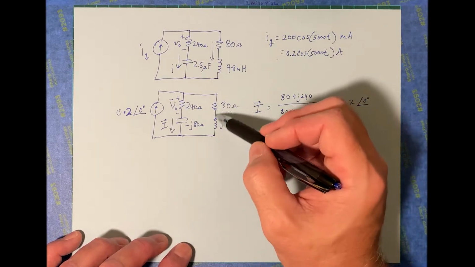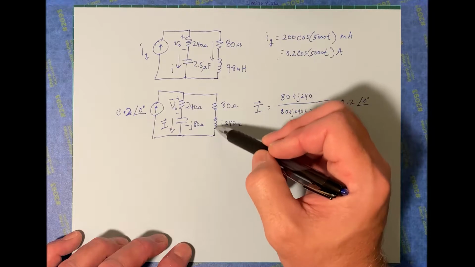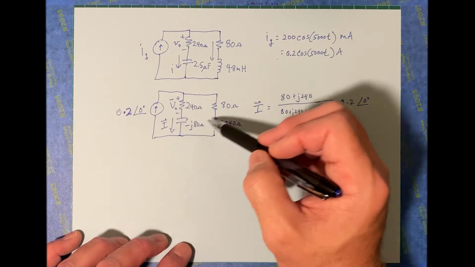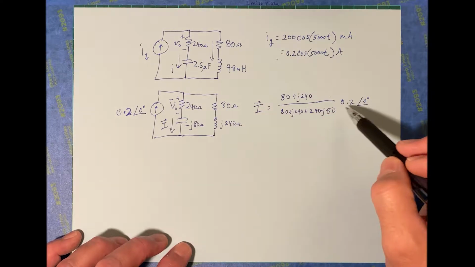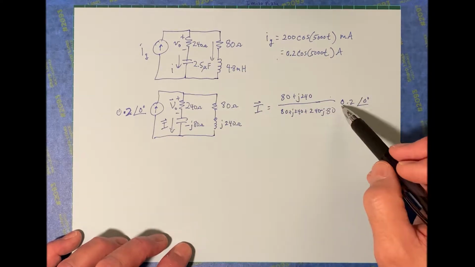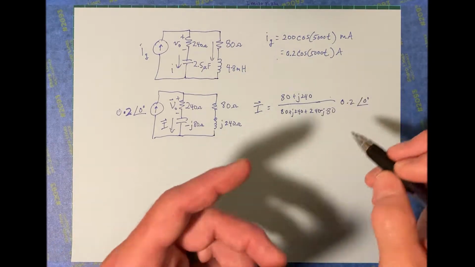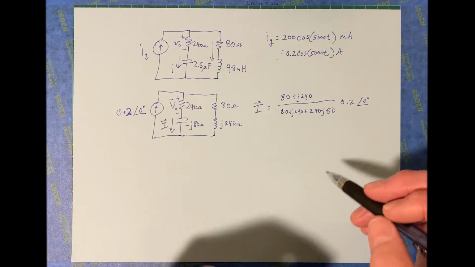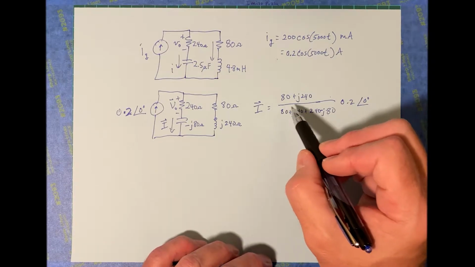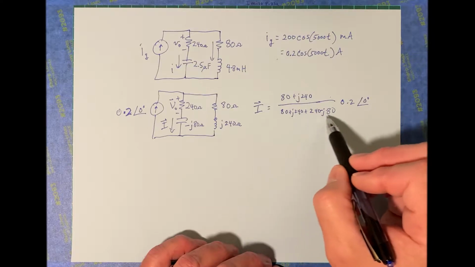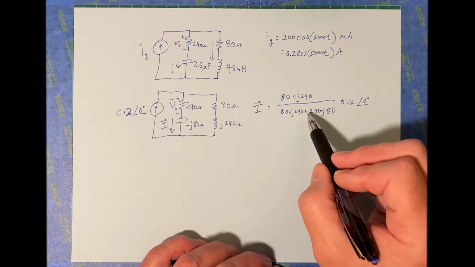So this is just the divider equation. It is this impedance over here, divided by the sum of both of those impedances, multiplied by the original current that's being divided. So there's your answer, but we need to simplify that. One of the first things we need to do is take this, convert it into polar, take this, simplify it, add those two parts together.